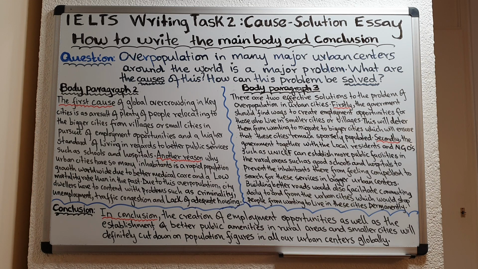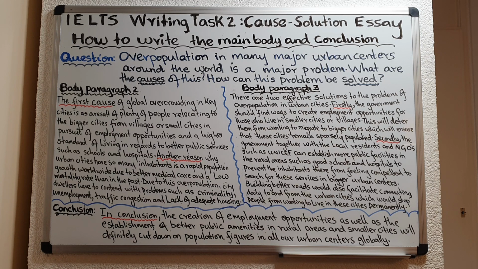If you're compelled to do something, it means you're forced to do it. Okay? So if they have good schools and good hospitals in rural areas, then the people who live there will not want to migrate. They will not feel compelled to search for these services in bigger urban centers.